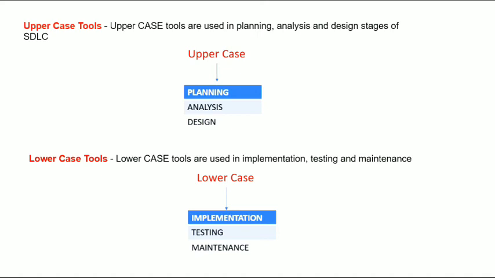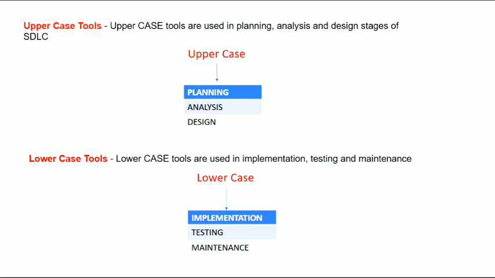Then you come to the lower case tools. The lower case tools are used for the remaining phases of your SDLC. What are those? The testing phase, the implementation phase, and the maintenance phase. Remember, in between there is a coding phase which has to be done by the programmer separately.